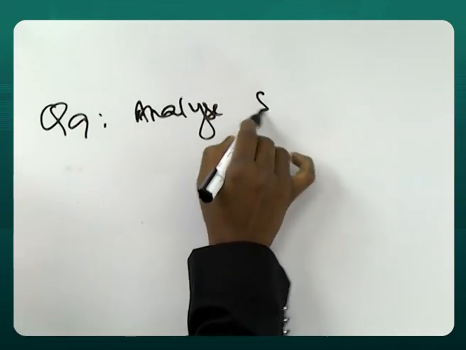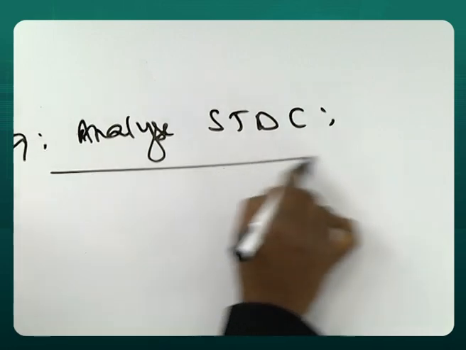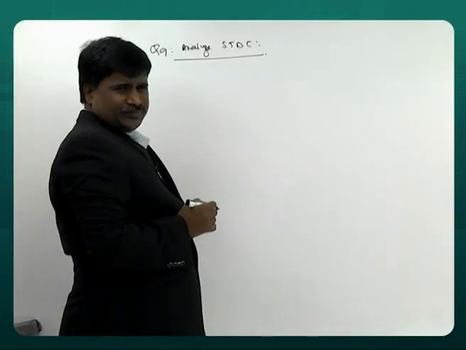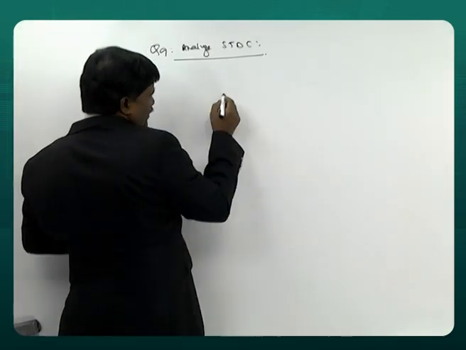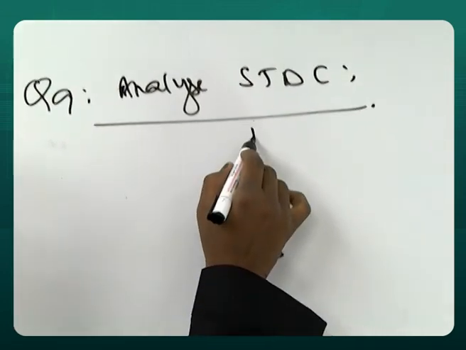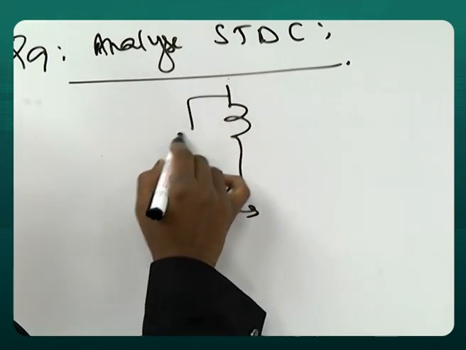Analyze single tune direct couple amplifier. What is the feedback here or the circuit here?